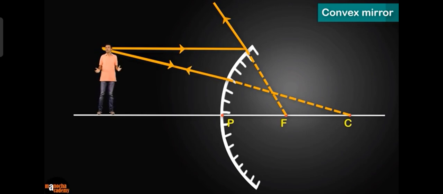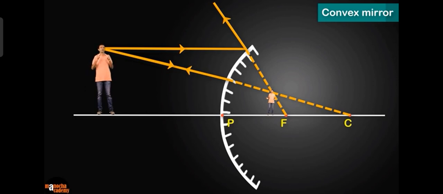Now where do these 2 reflected rays meet? The reflected rays are divergent here, so we need to produce them backwards. And the point where they meet is the position of the image of my head, since we considered the rays from the top of the object. Now where are the feet in my image?